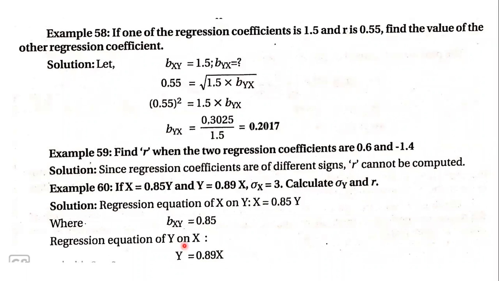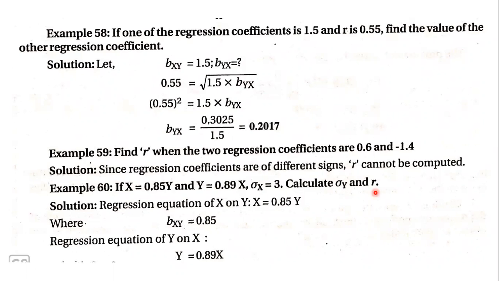Let us understand one by one. If x is equal to 0.85y, they have given us one equation here and there is another equation, y is equal to 0.89x. Standard deviation of x is 3. So calculate standard deviation of y and r.